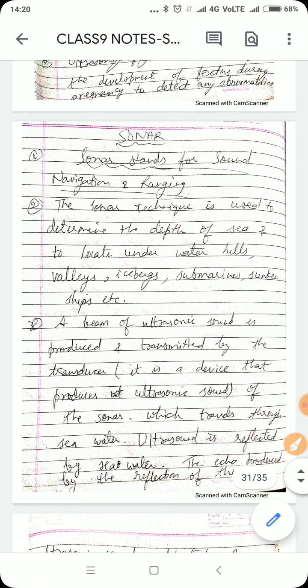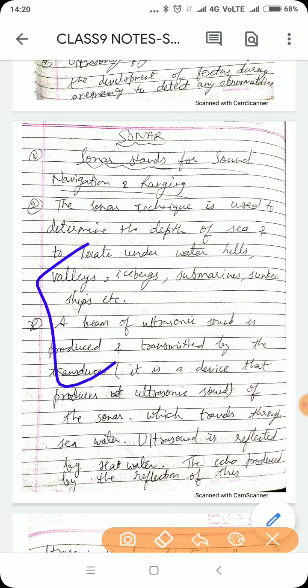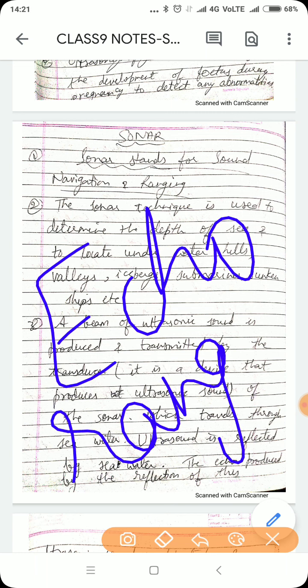It is called echo ranging. Okay, so if you have to define echo ranging, how will you do it? You will say that echo ranging is the process of finding distances using ultrasonic waves, that is, using ultrasound.